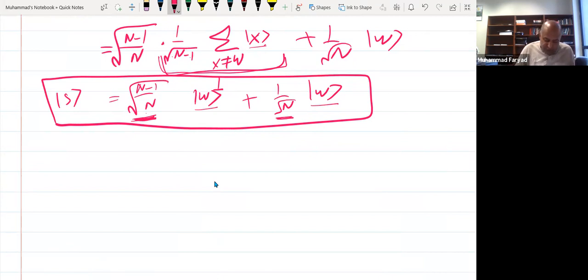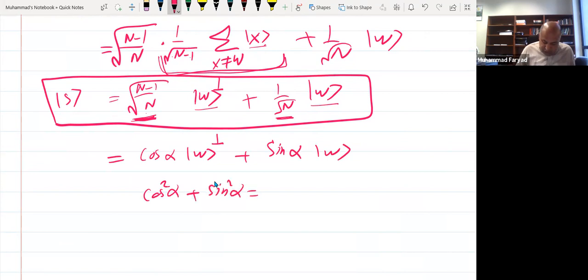So I can call this thing cosine alpha, suppose, and I can call this sine alpha. And the reason is this: cosine squared alpha plus sine squared alpha, which is n minus 1 over n plus 1 over n, actually add to 1.